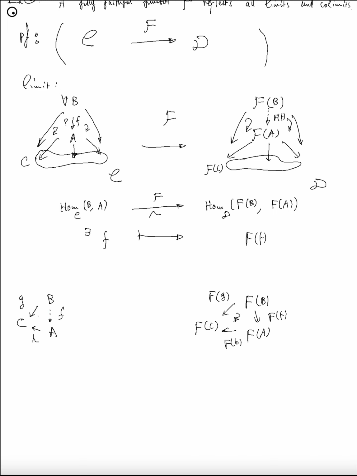Now I put F here and ask whether this commutes. So what you have is FF composed with FH equals FJ, right?